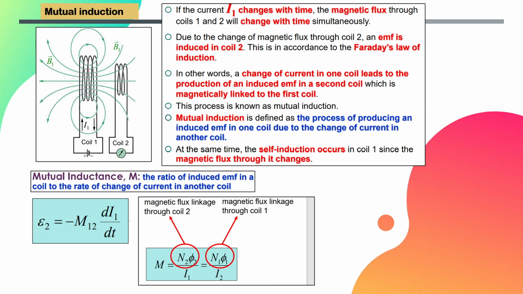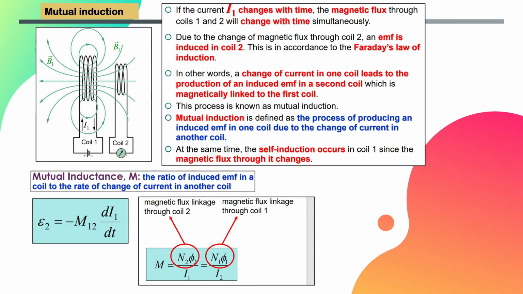You can see when there is a change of current in coil 1, there is also a change of the magnetic field strength inside coil 1 and also coil 2, and at the same time there is also a change of the magnetic flux through coil 1 and coil 2. Due to the change of magnetic flux through coil 2, an EMF is induced in coil 2.